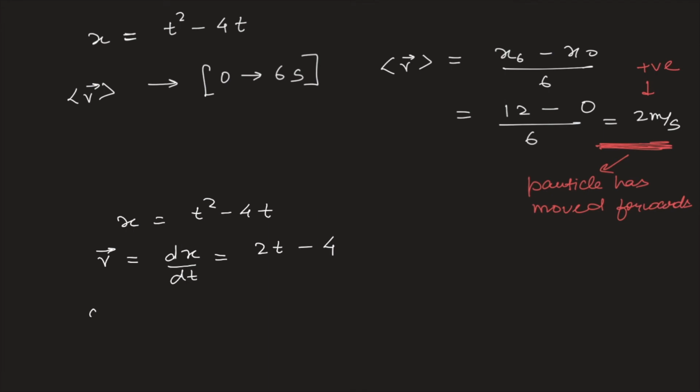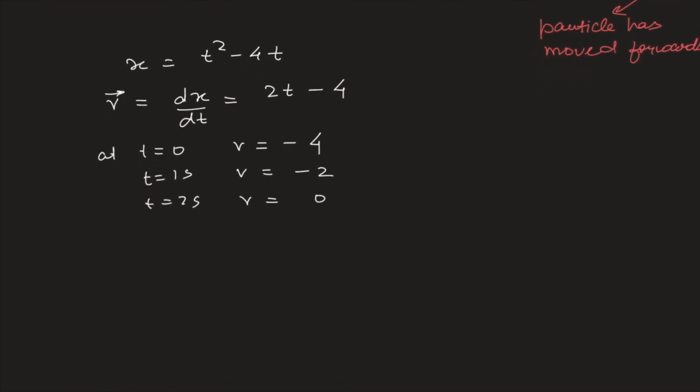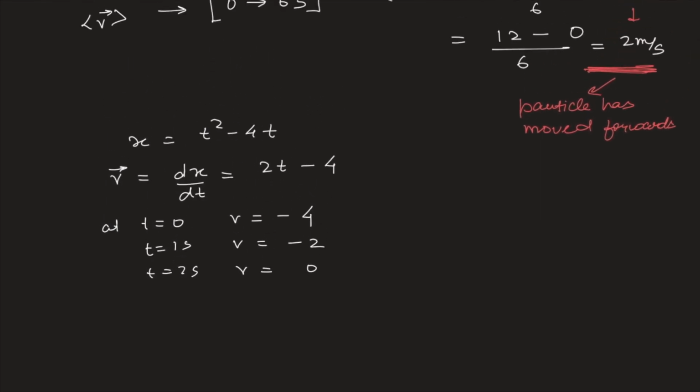For example, at t equals 0 seconds, the instantaneous velocity is minus 4. At t equals 1 second, the instantaneous velocity is minus 2. At 2 seconds, the instantaneous velocity is 0. Let me move this up. Or why move this up?